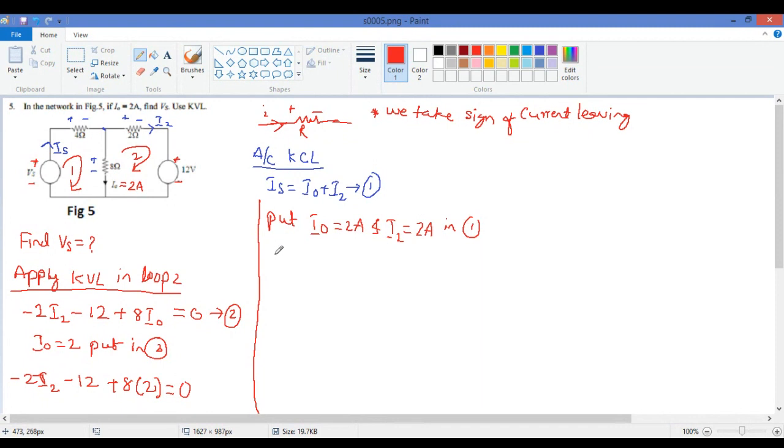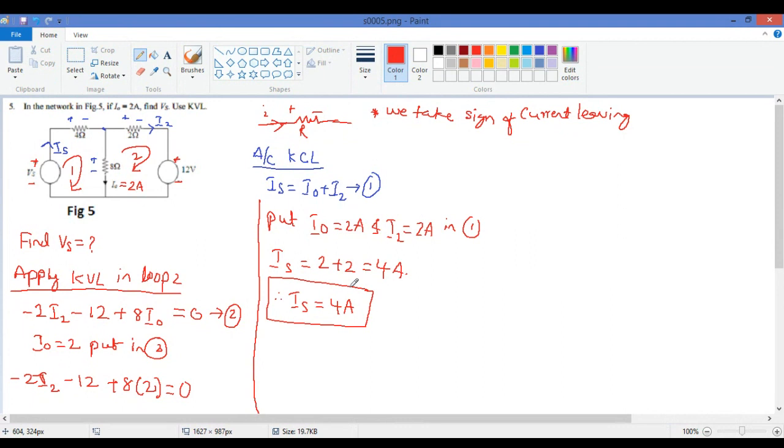When you put this in equation 1, Is is equal to I naught 2 plus I2 which is 2, so this will become 4 ampere. Therefore we get Is is equal to 4 ampere.